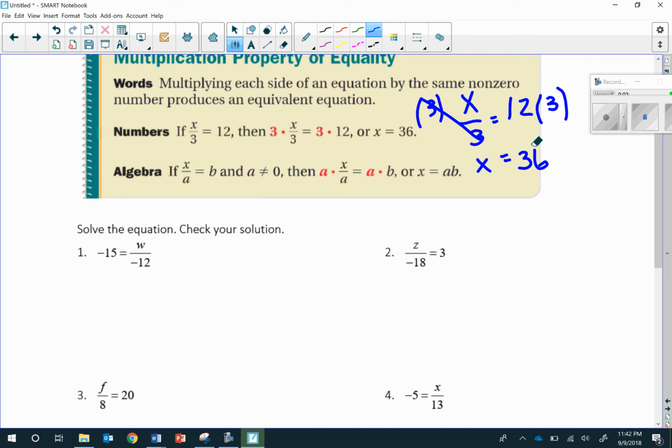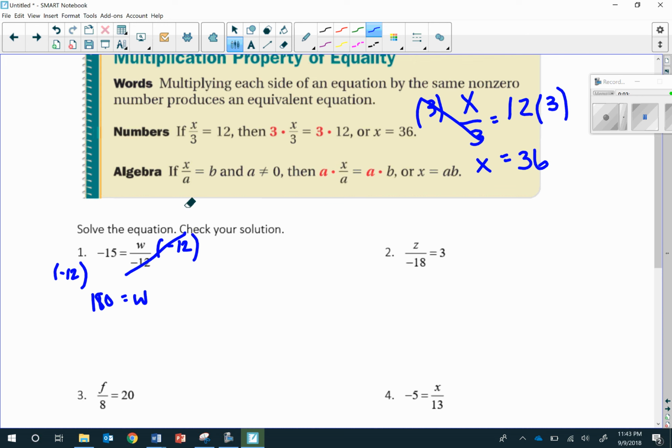On our first one, let's look at number 1 together. Because w is divided by negative 12, we're going to multiply both sides of our equation by negative 12. Negative 12 times negative 15 does equal 180. So w equals 180.